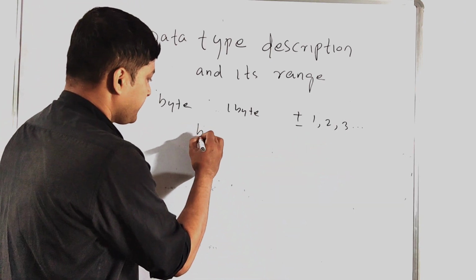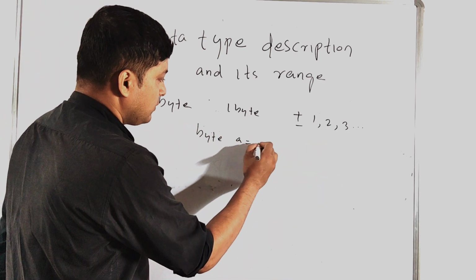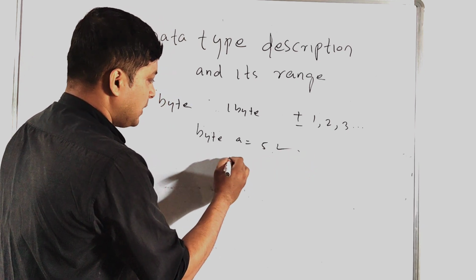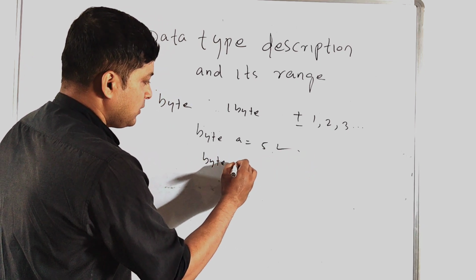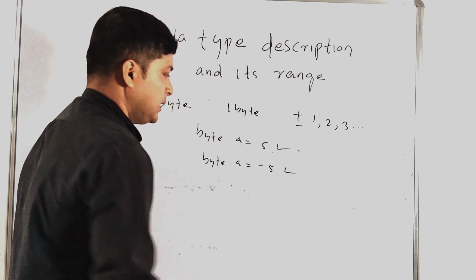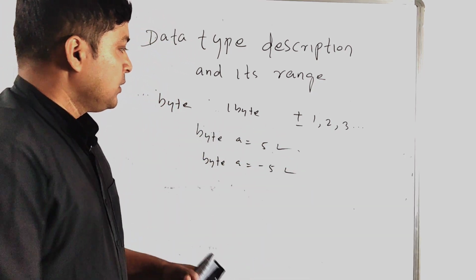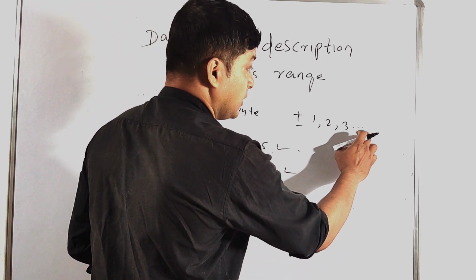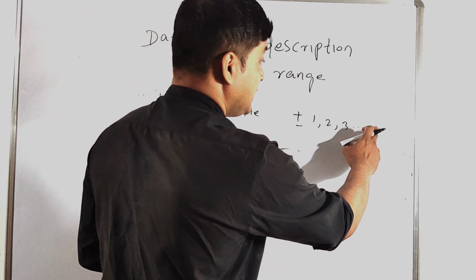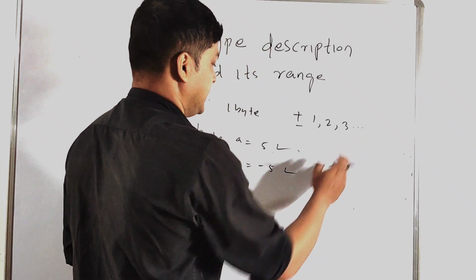For example, byte a equal to 5 we can write, or byte a equal to minus 5 we can write. So the byte data type takes both positive and negative values. But the dot does not mean it is infinite. So how will we find its range?